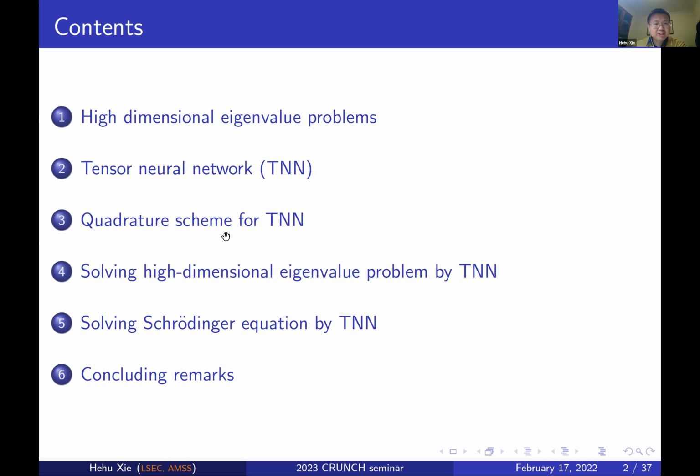Maybe the most important property is the quadrature scheme for the TNN for high-dimensional equations, which is different from the Monte Carlo method. Then we use the TNN to solve high-dimensional eigenvalue problems, and maybe the most important example is the Schrödinger equation from quantum mechanics.